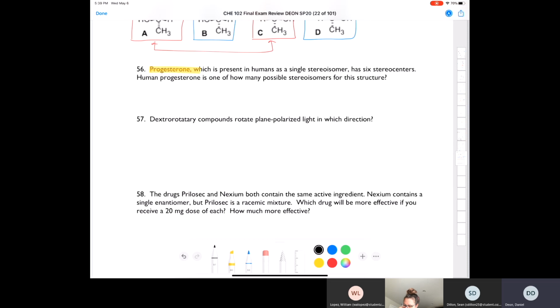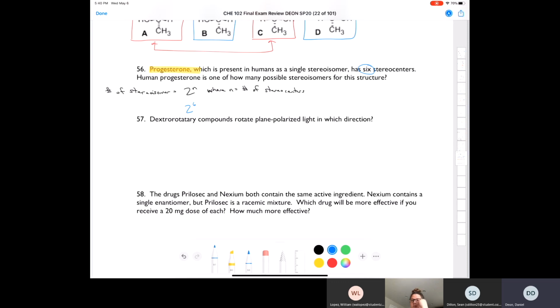Well, you might remember that I went over this in class one time, and I said the number of possible stereoisomers is equal to 2 to the power of n, where n is equal to the number of stereocenters.